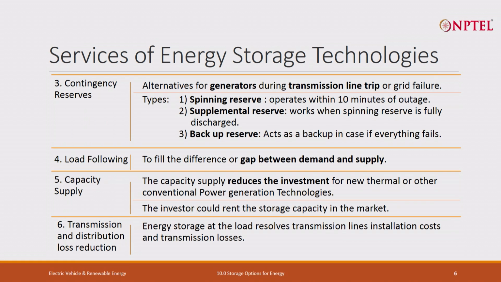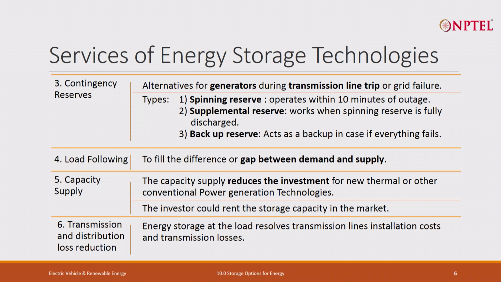Contingency reserves: whenever you don't have power, at that time it should be able to give you power. There are different types. Spinning reserves, like a flywheel, can give you power up to 10 minutes. Supplemental reserves work when your spinning reserve is over, so gradually you are moving from one to two.